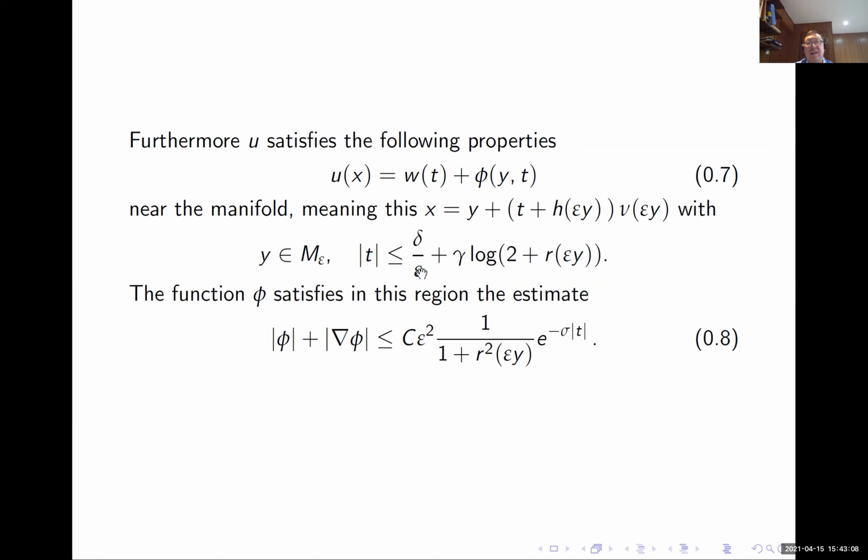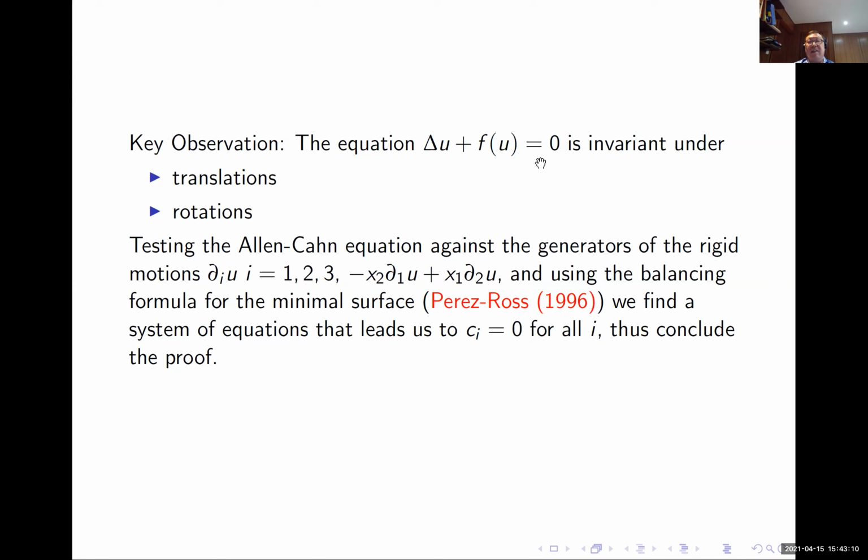So we use the invariance of the linearization equation, which is translation invariance and rotation. What we do is we test the linearization equation against the generators of the rigid motions, the translations and the rotations.